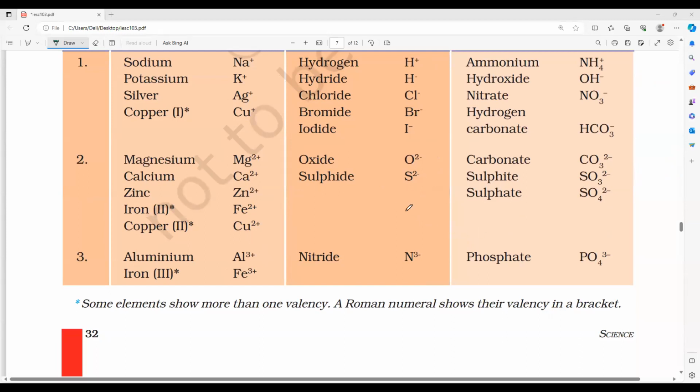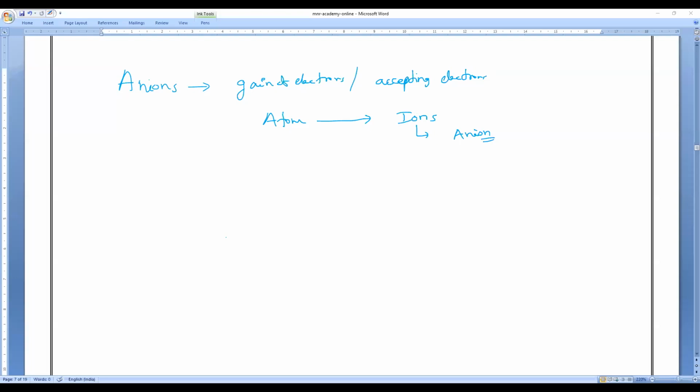So what is that called? That is the most important concept of chemistry, what we call valency. Valency is the concept behind the formation of ions, that is, +1, -1, +2, -2 and so on.